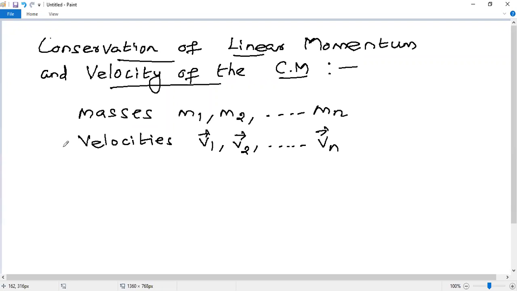So first of all, the linear momentum of the system.